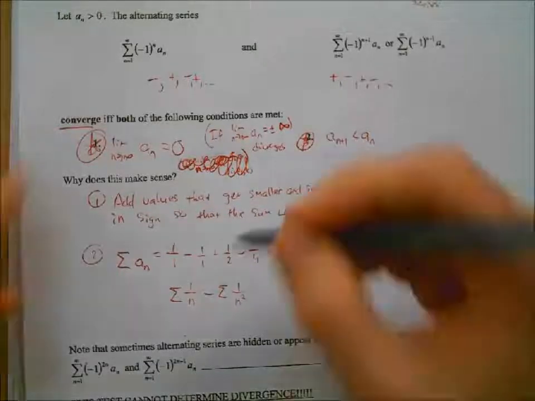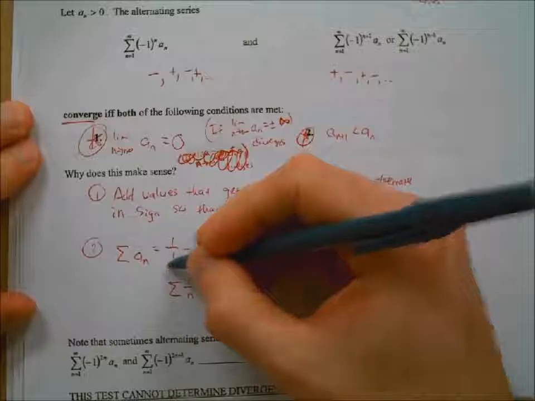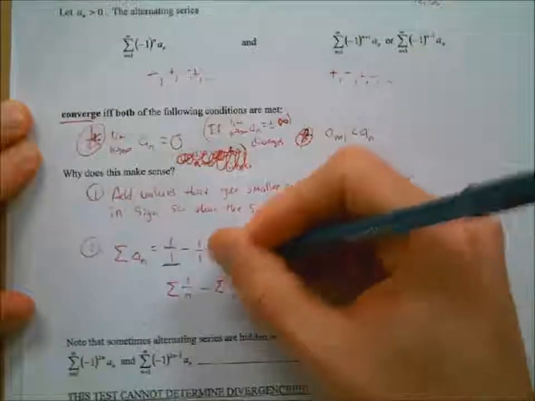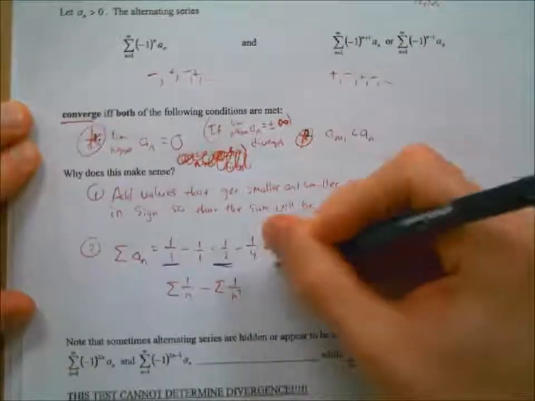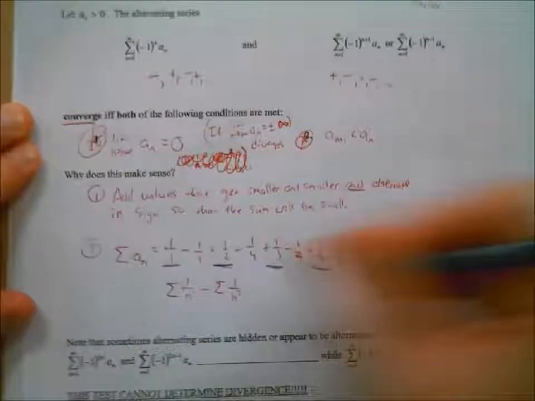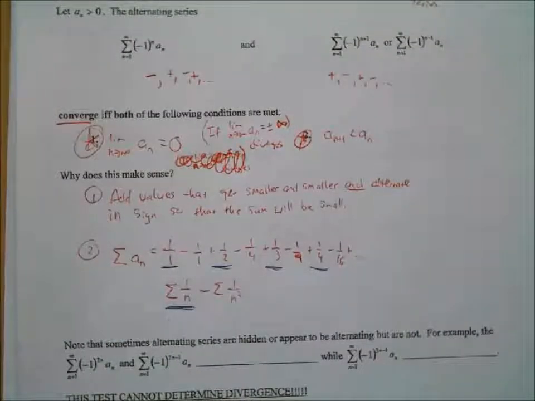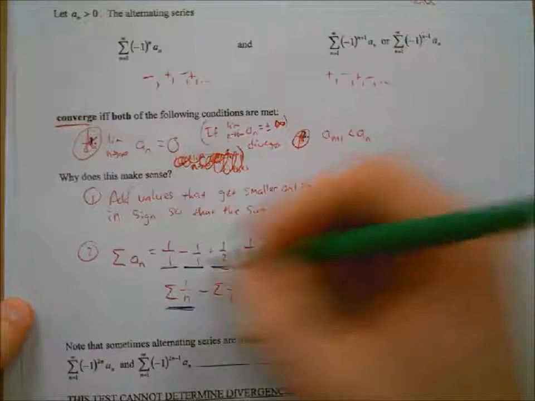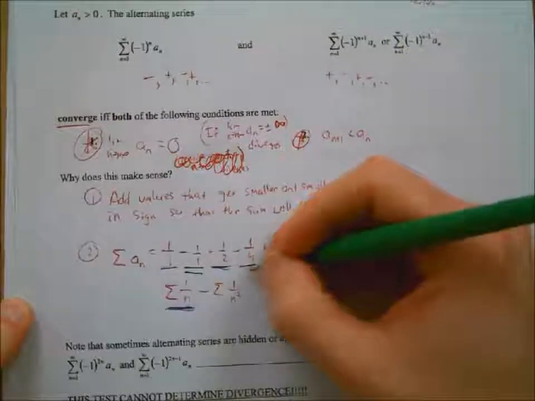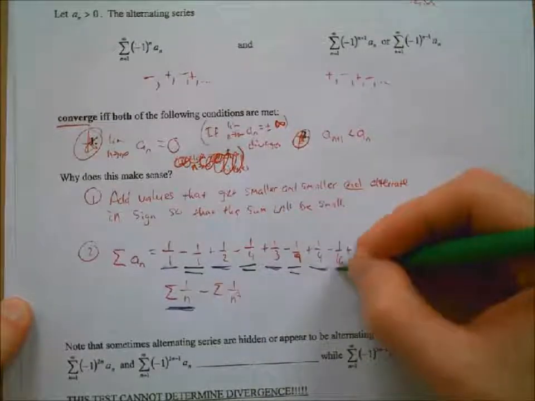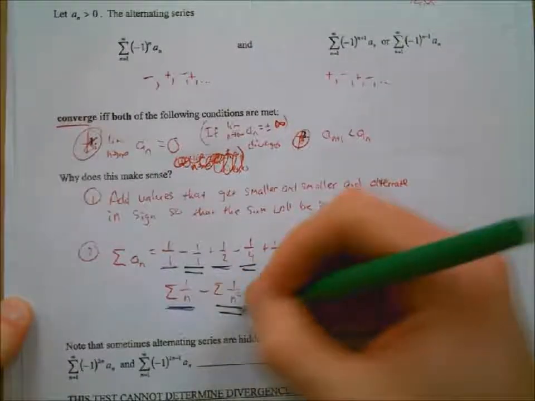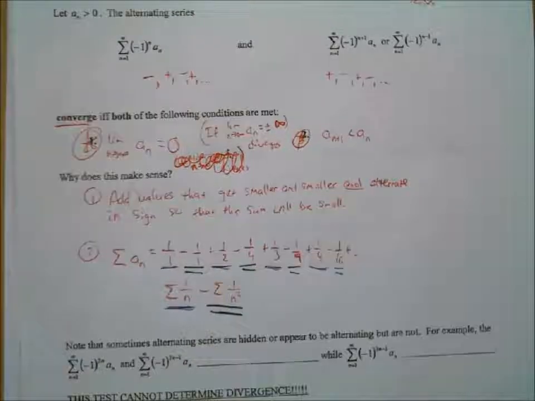If you see here, we have 1 over 1, then 1 over 2, then 1 over 3, then plus 1 over 4, and that's coming from the 1 over n piece. Compare that to minus 1 over 1, minus 1 over 4, minus 1 over 9, minus 1 over 16, and that's coming from the minus 1 over n squared piece.